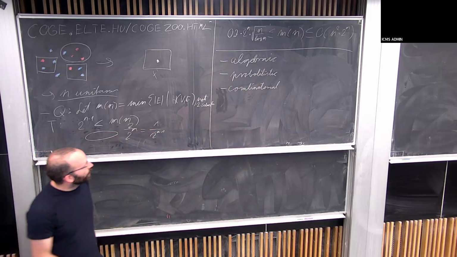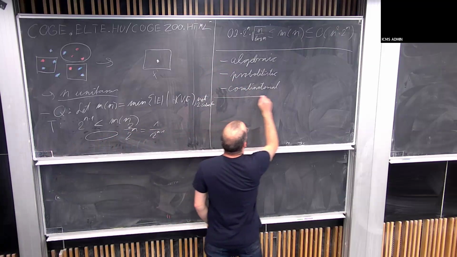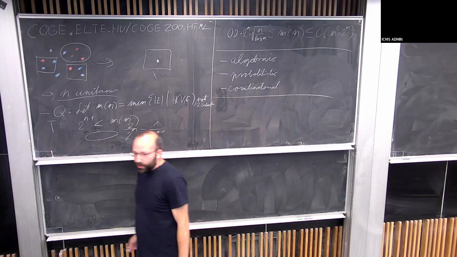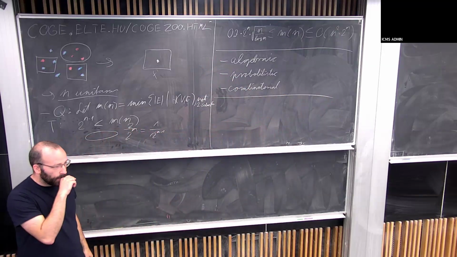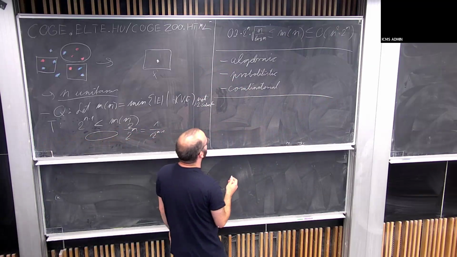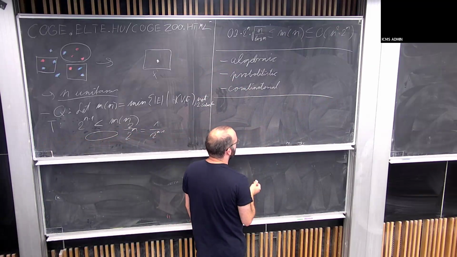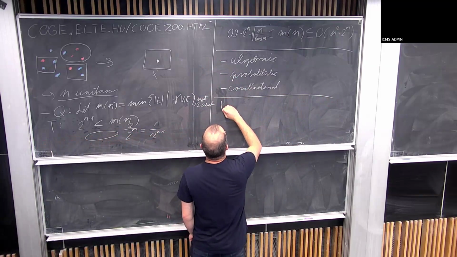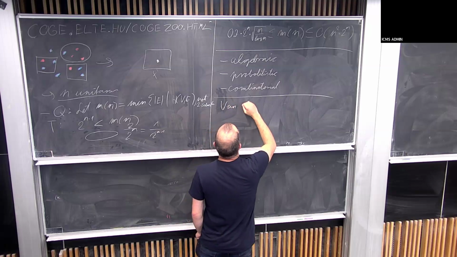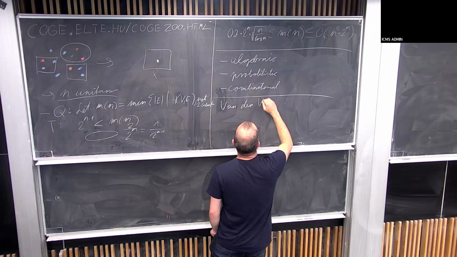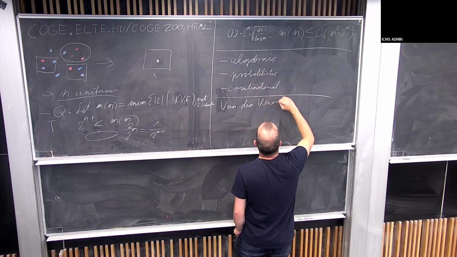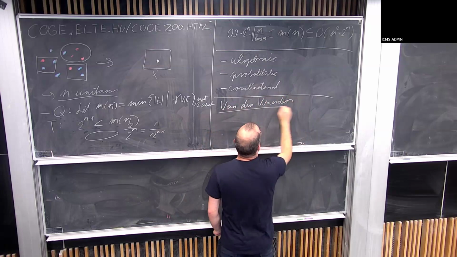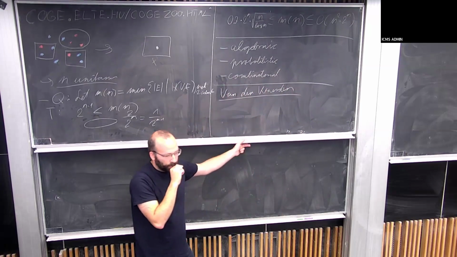Okay, so let's start with algebraic. James already told you some of this. We have van der Waerden's theorem.